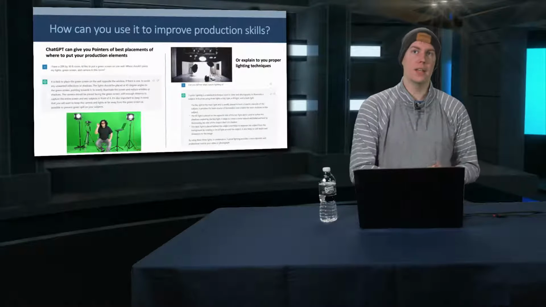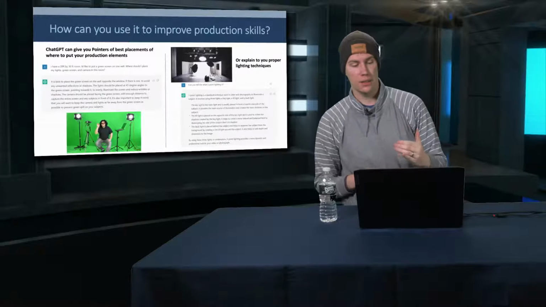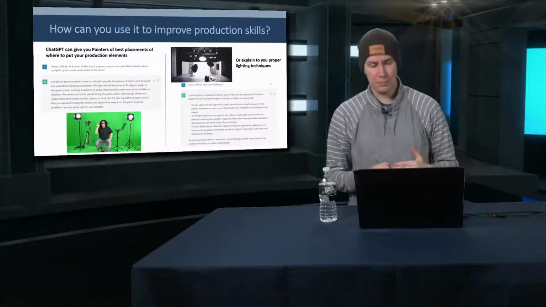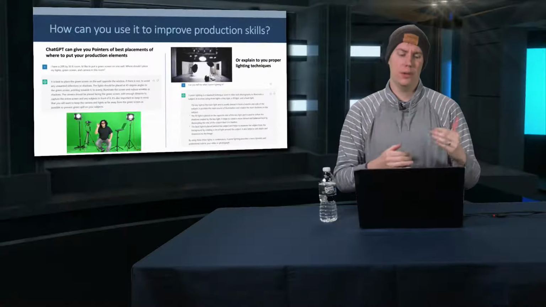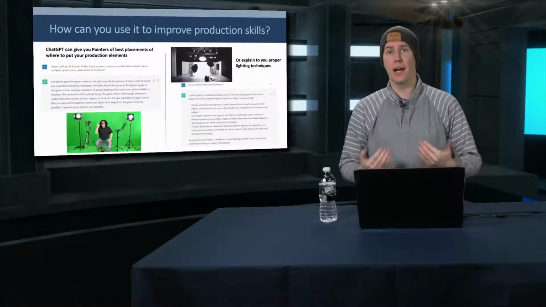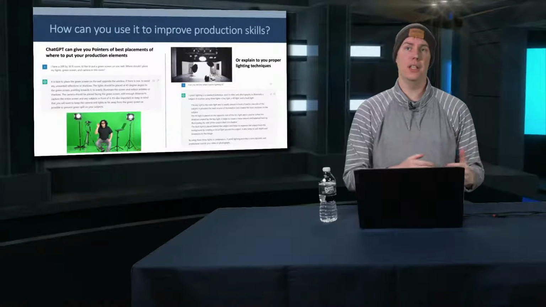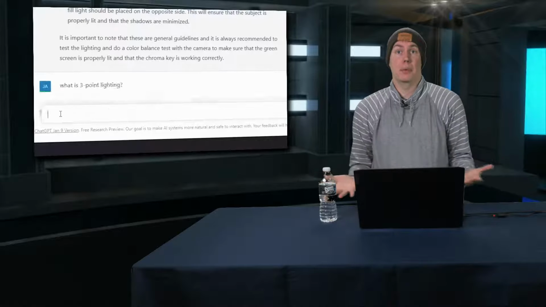One thing that it did say in there when I originally had asked it how to do the 20-foot by 30-foot room is it gave an example of using 3-point lighting. Now, again, I knew what 3-point lighting was, but I wanted ChatGPT to explain it to me and say, hey, what is 3-point lighting?